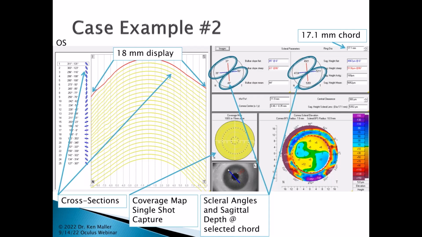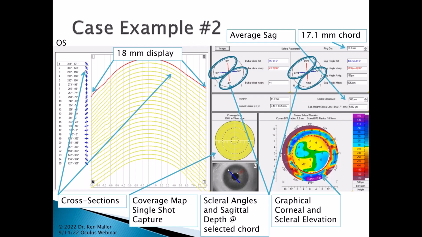The sagittal depths kind of mirror what's going on with the angles, whereas we're at about 4,800 on the nasal and superior portions, where we're at about 5,200 to 5,300 on the inferior and temporal sides. Again, the graphical information is being displayed. And the average here was about 5,300 microns of sagittal depth.